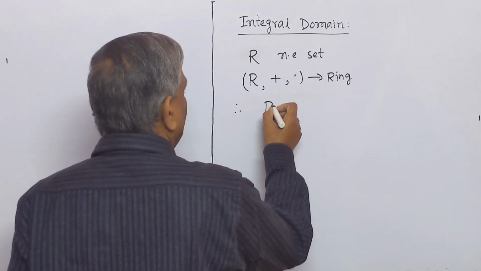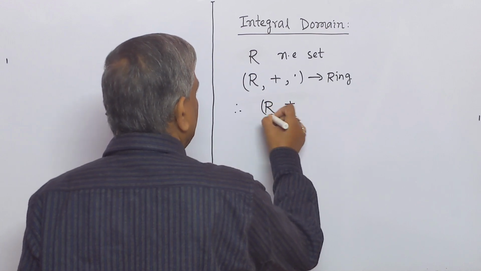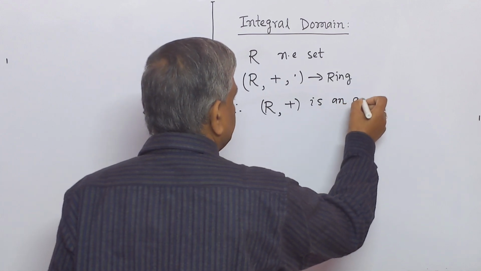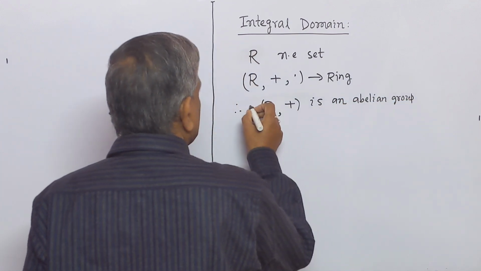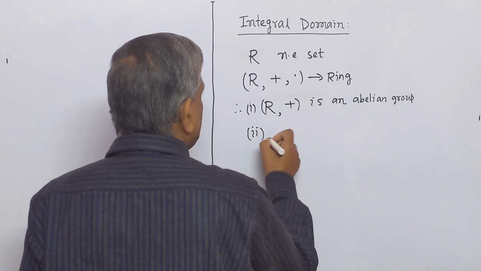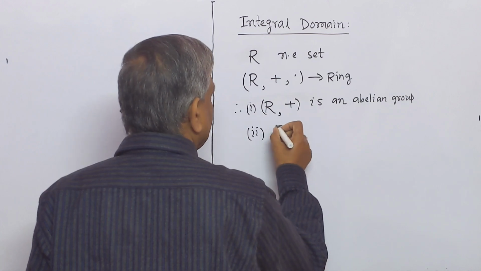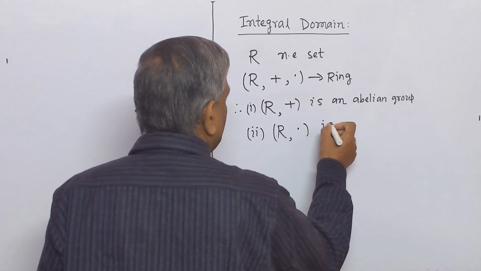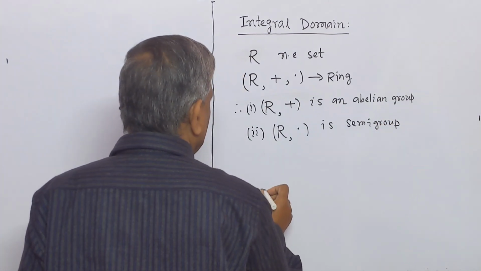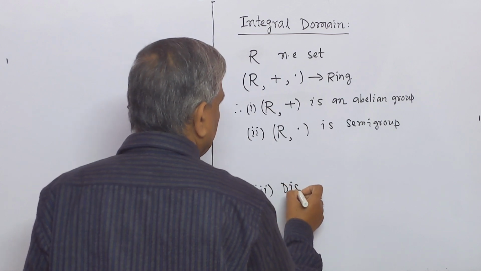Therefore, R with binary composition addition is an abelian group. This is number one. Number two, R with binary composition multiplication is a semi-group. Number three, the distributive law holds.